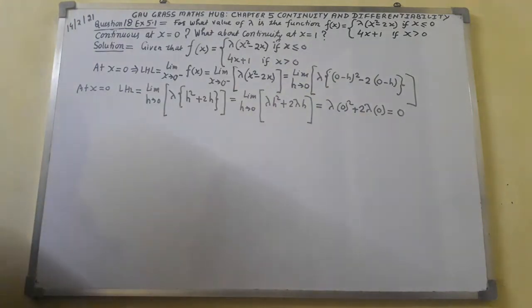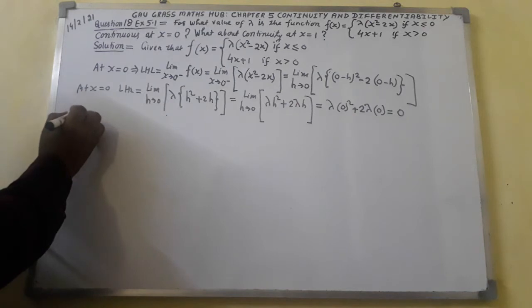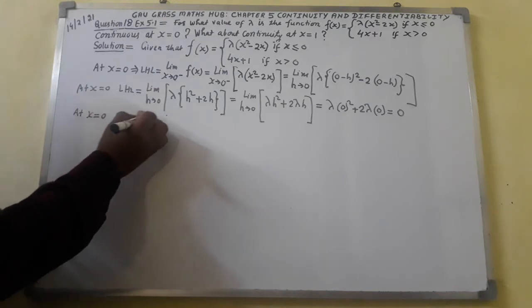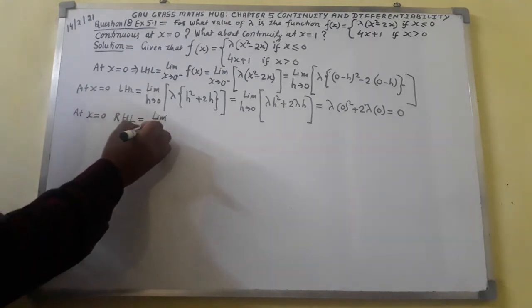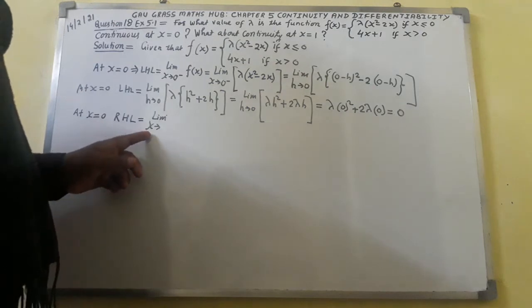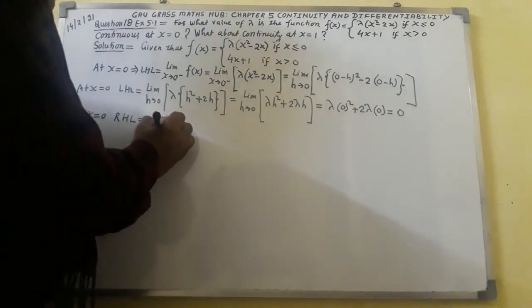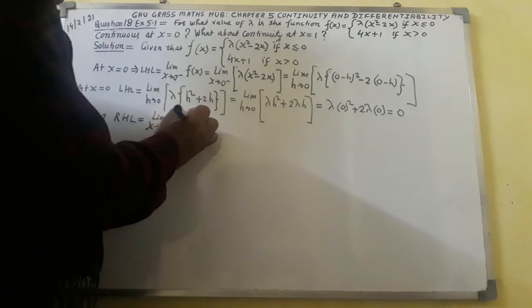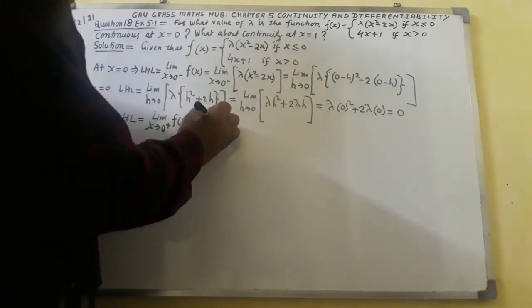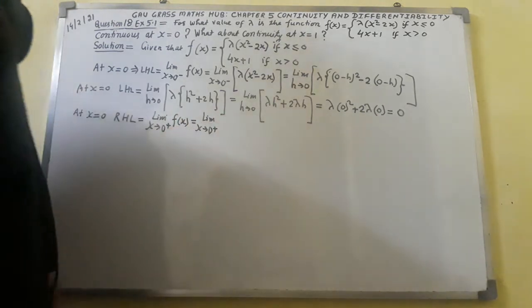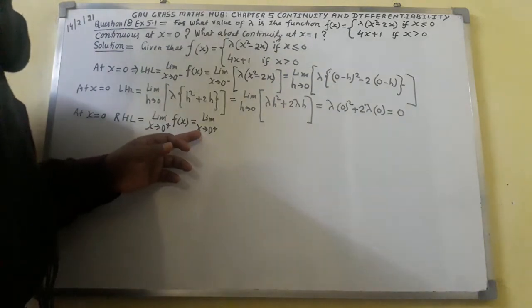So I shall write, right hand limit at x equal to 0 comes out to be limit of f of x as x tends to 0 positive.